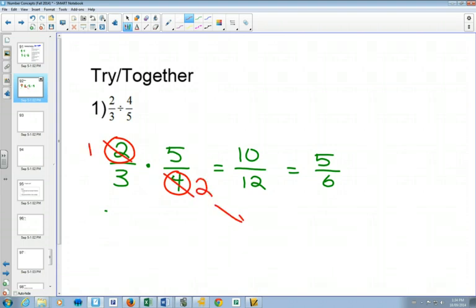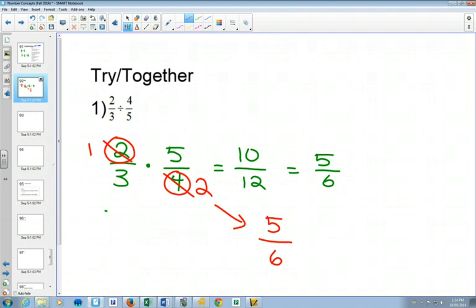And had you done that and now multiply the tops, 1 times 5 is 5, and 3 times 2 is 6, you would have got the same answer. I don't think one is easier or harder than the other, because 10 over 12 was pretty easy to simplify. Sometimes it is easier to simplify early because then you don't have as big numbers to deal with.